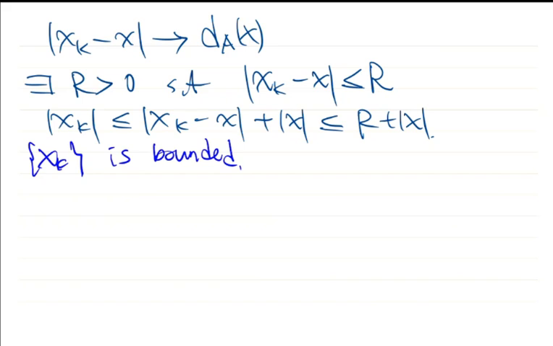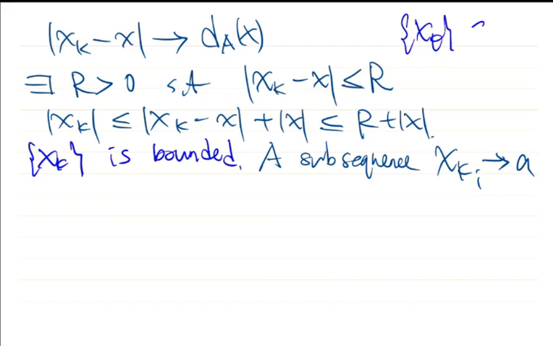So it has a convergent subsequence, xki, converging to some point a. But our sequence xk is taken from the set A. So the subsequence xki is also a sequence contained in A, and it converges. But A is closed.